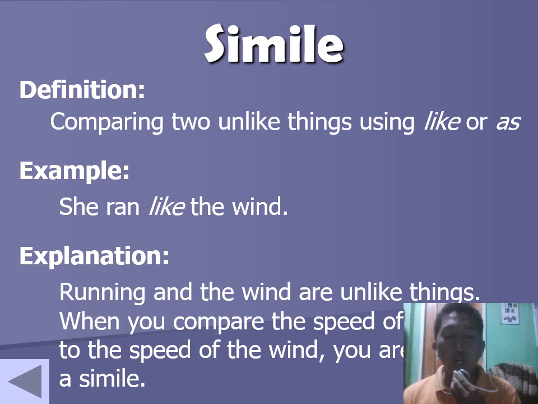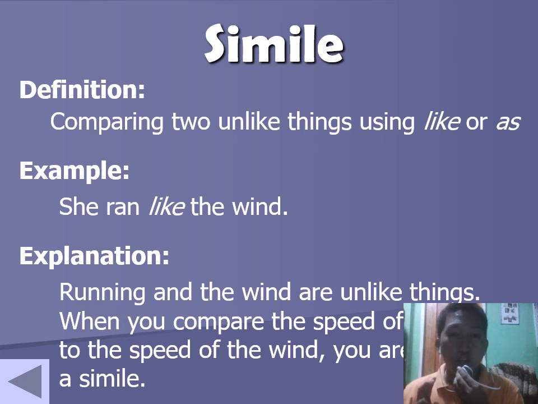So if you are comparing two unlike things, then you are using like or as. That is right, simile. For example, she ran like the wind. Again, she ran like the wind.